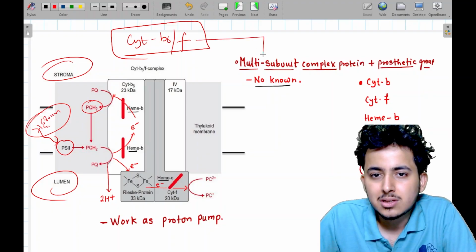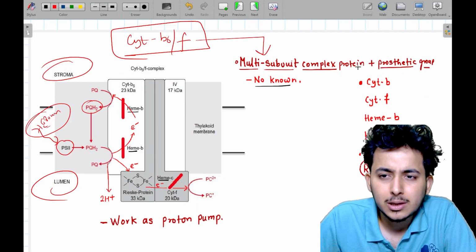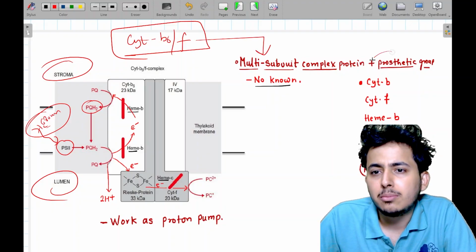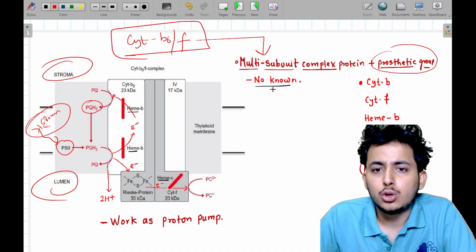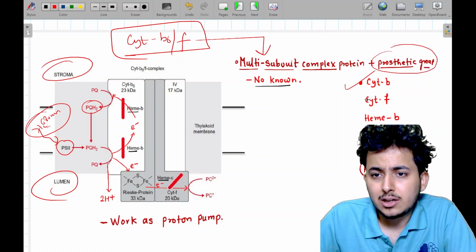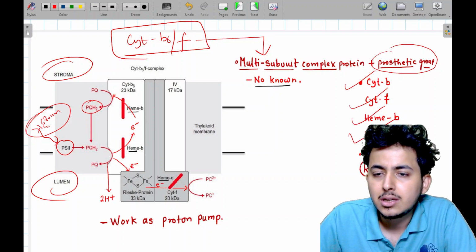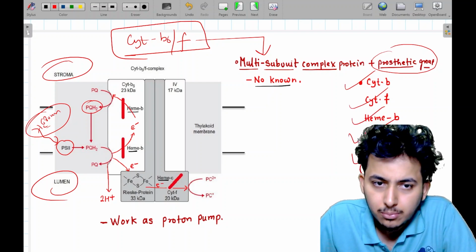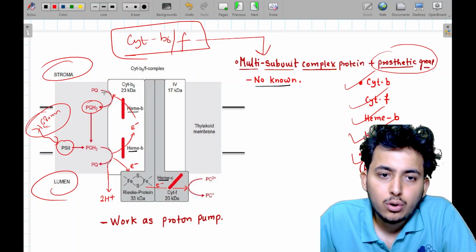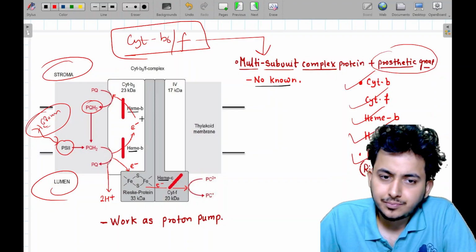The cytochrome b6f is a multi-subunit protein complex, plus it consists of many prosthetic groups. Basically they are cytochrome b, cytochrome f, then you have heme b, heme c, and the iron sulfur proteins. The flow of electrons is happening like this.